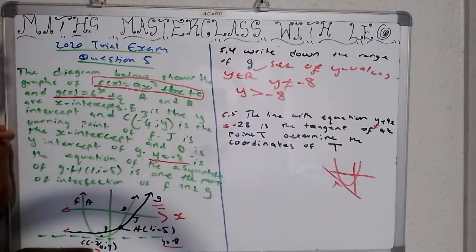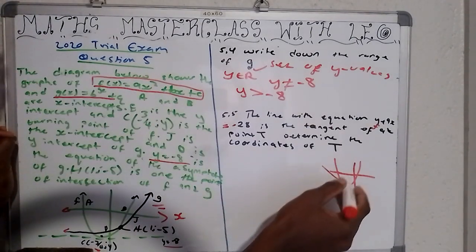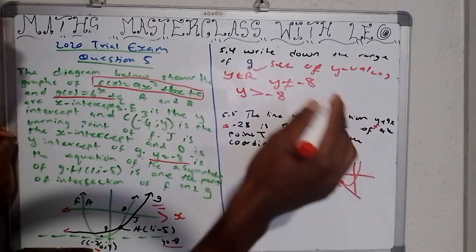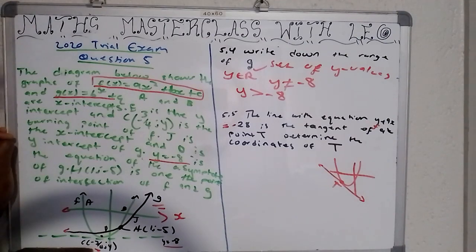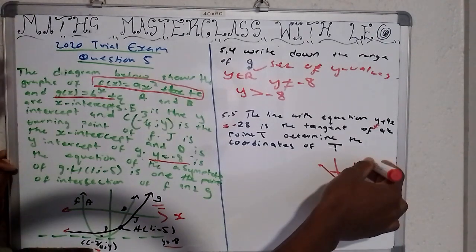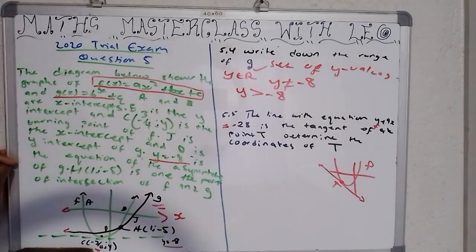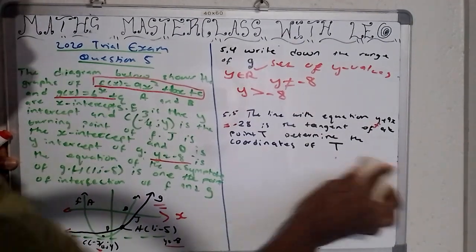So this point is the point of intersection between my tangent and my graph, because this is the graph of f, which is the parabola. So how am I going to answer that question?